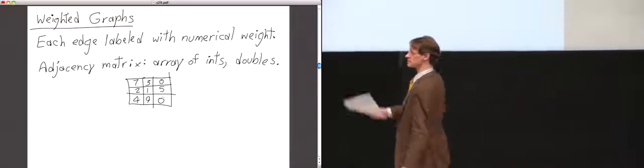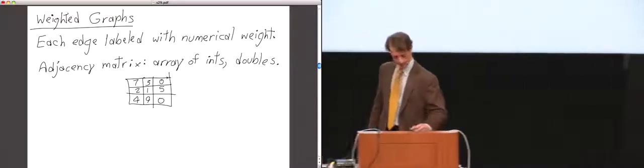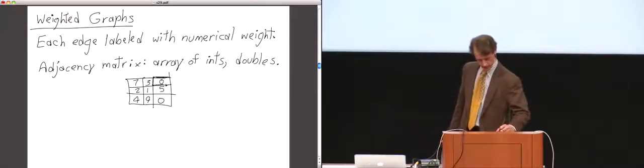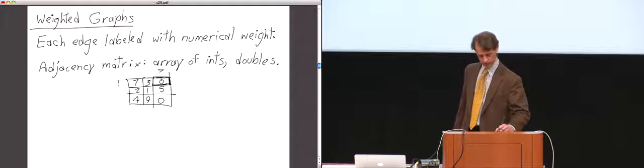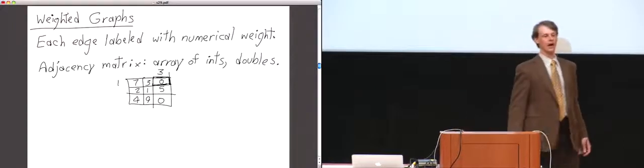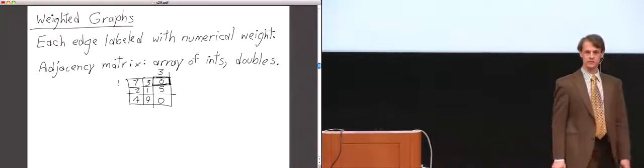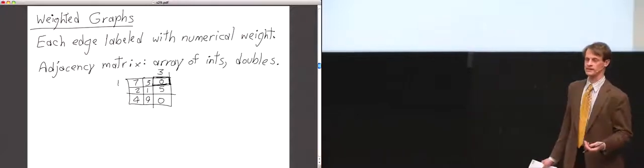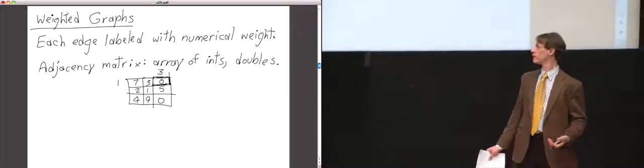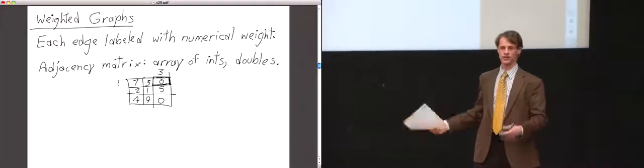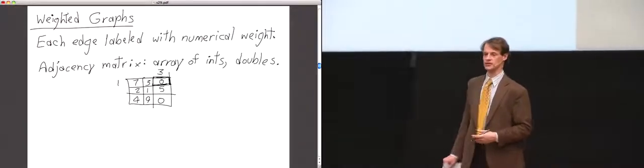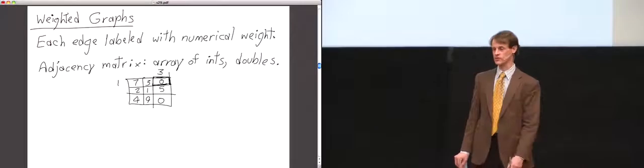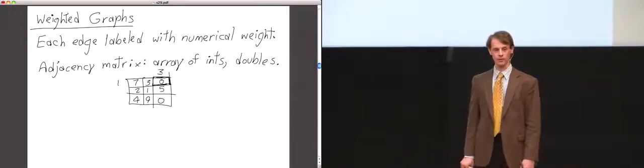For instance, in some applications I might use 0 to mean there is no edge connecting node 1 to node 3. But there are other applications where 0 is actually a meaningful weight and does not mean the same thing as no edge. And then maybe you would use Integer.MIN_VALUE, the smallest possible integer, and hope that nobody ever wants to use that as an actual edge weight.